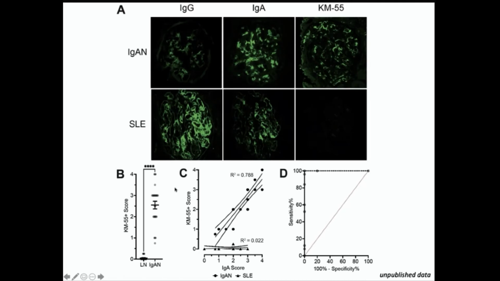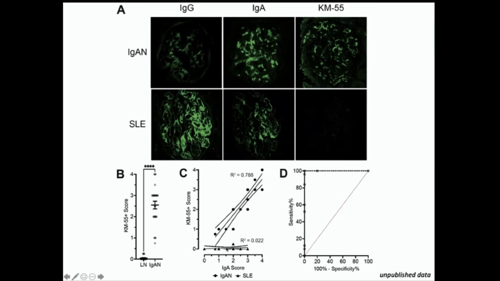Okay. So if we look at the intensity, this is a KM55 score. Lupus nephritis patients at most have zero to trace KM55 staining. Majority is negative. For IgA nephropathy, we have the range from trace to 1 all the way to 4+, and the average intensity is 2.5.